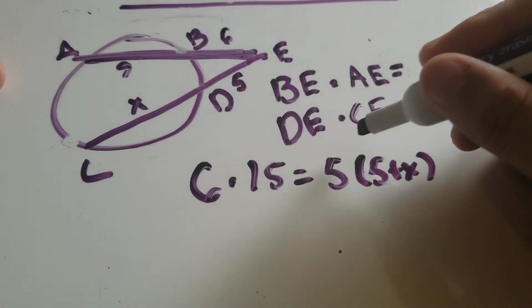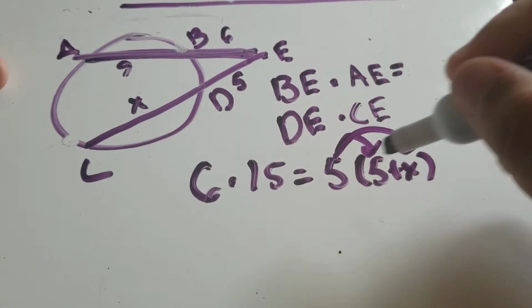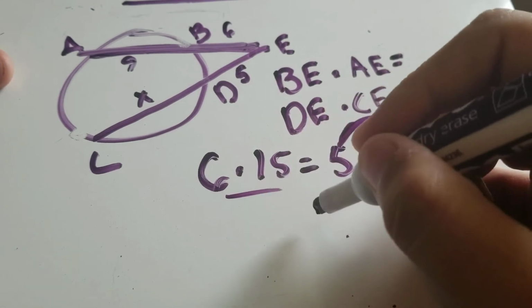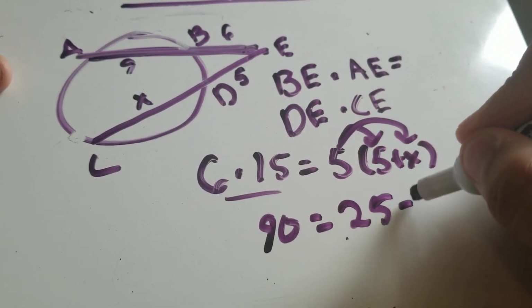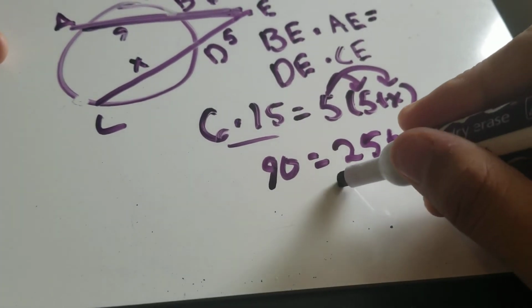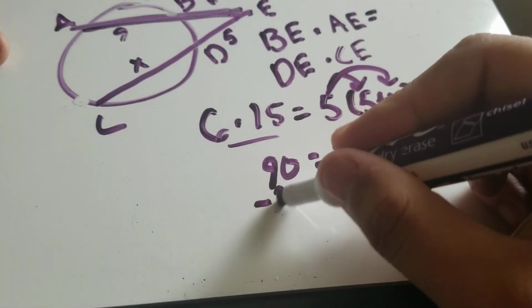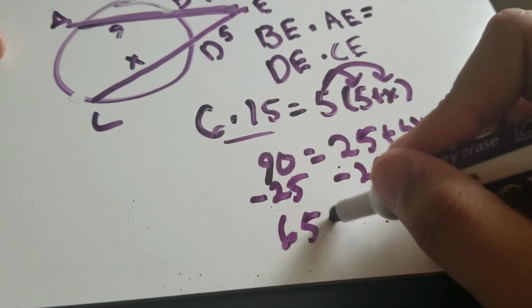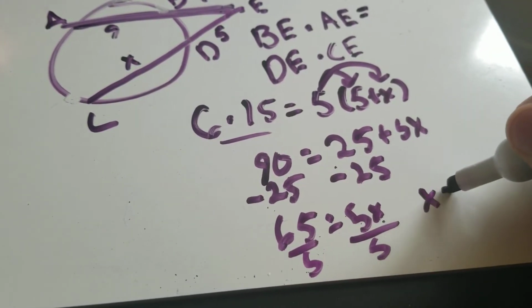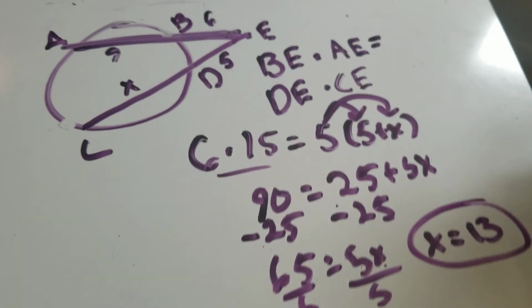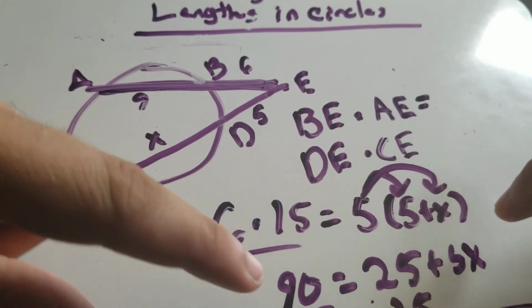From there, we're going to do some algebra. Distribute. Simplify this. So this over here is 90, equals 25 plus 5x. Subtract 25 on both sides. 65 equals 5x. Divide by 5 on both sides, x equals 13. So pay attention to the setup. This is algebra stuff.